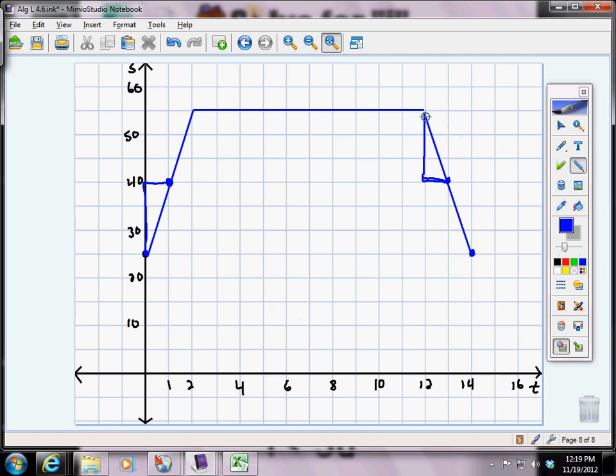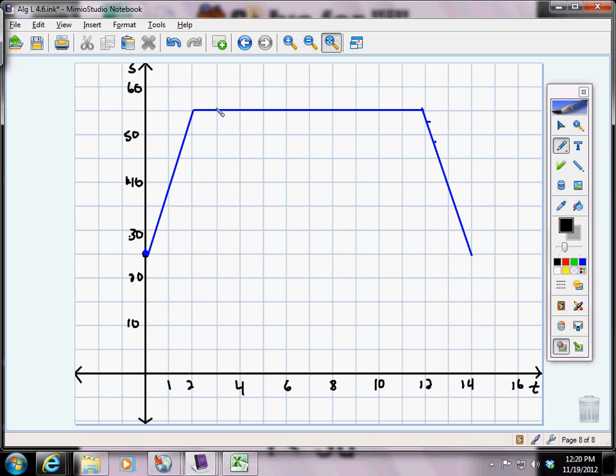So what this graph here shows us is what's happening as we drive. For the first 2 minutes, we're accelerating up to speed. We're accelerating at a rate of 15, must be miles per second or something, or feet per second, whatever.